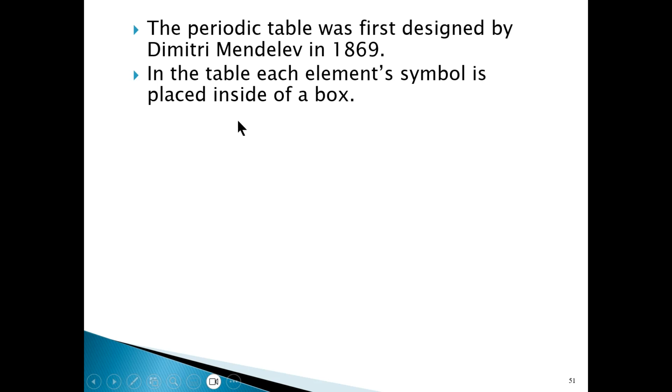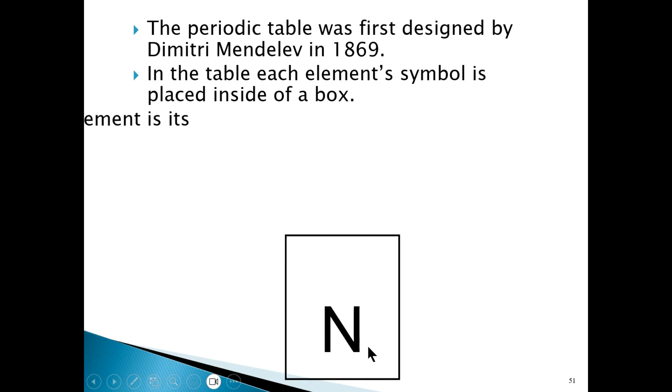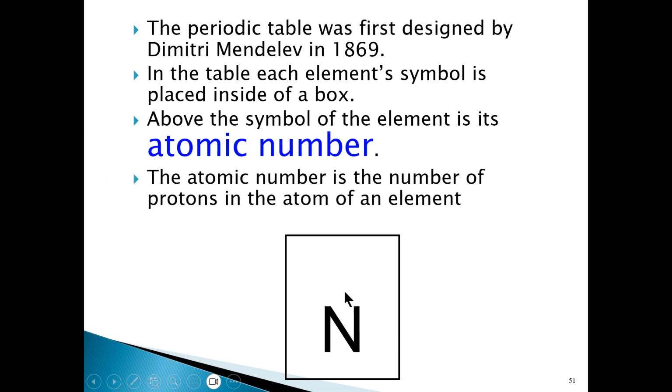Now, in the table, each element has a symbol, right, placed in its position inside of a box, such as what you see here. And then there's a number that is given for each element. That's the atomic number, which by definition is the number of protons in the atom of the element. So each element has its own unique atomic number.